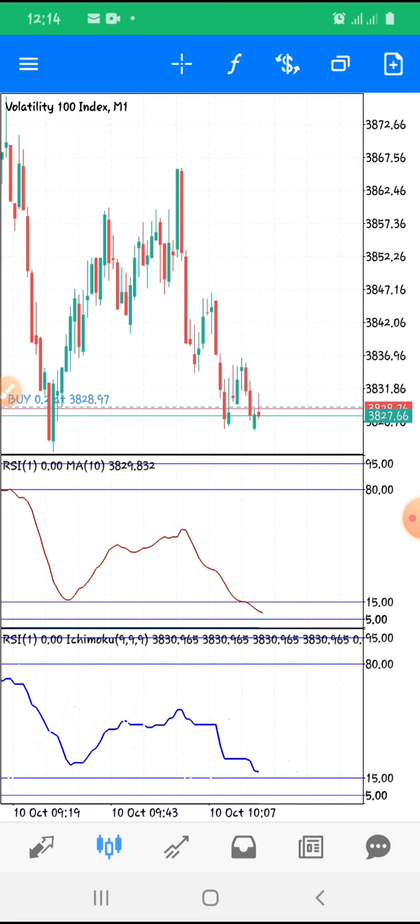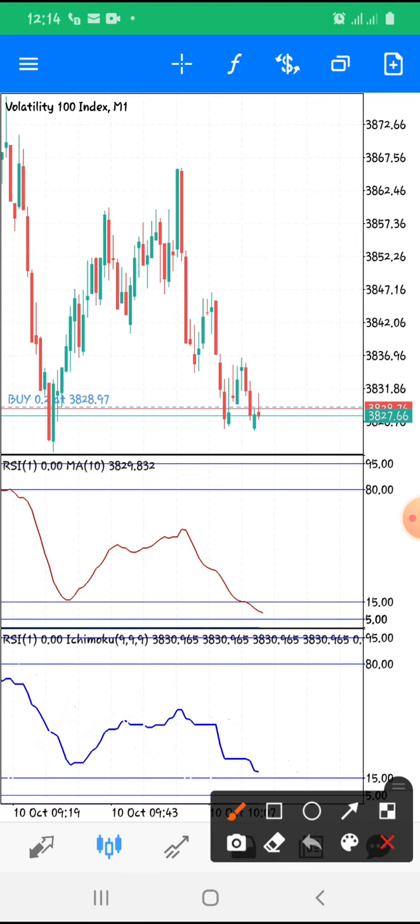If we want to detect a buy in the market, you buy whenever the moving average is in between the 15 and the 5% levels. That's when you begin to buy.